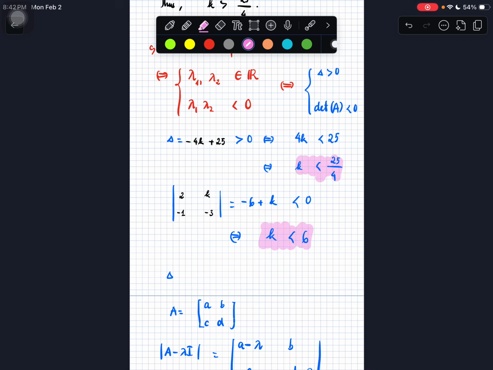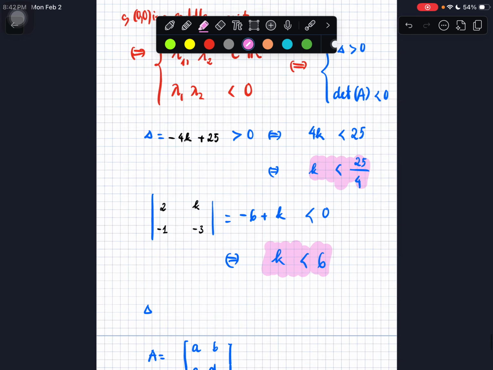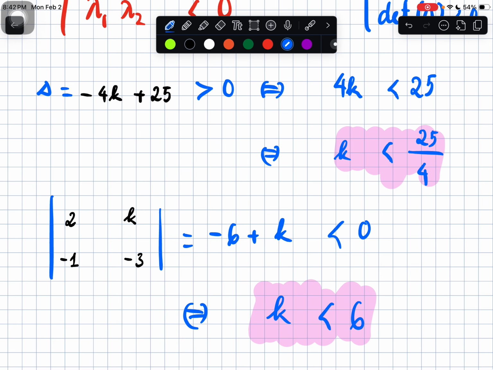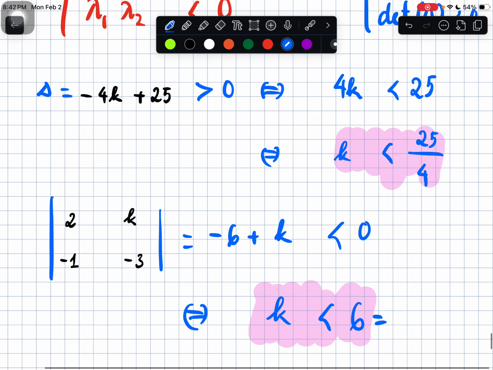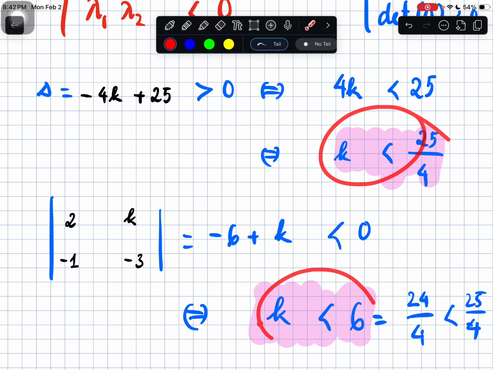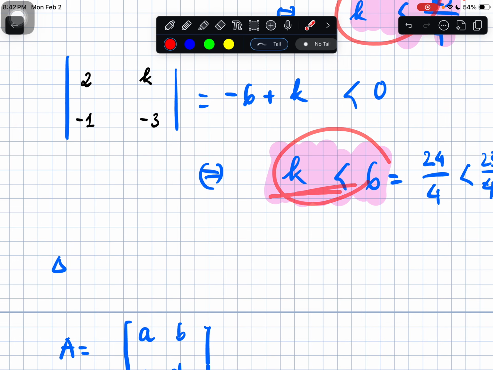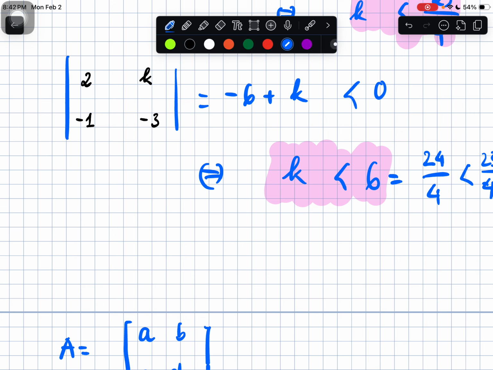So 24, 25 divided by 4, 6 is 24 divided by 4. So it's less than 25 divided by 4. So k less than this and k less than this. So we only need the condition k less than 6.